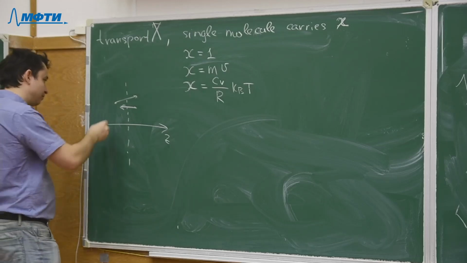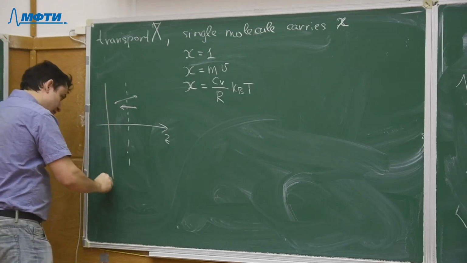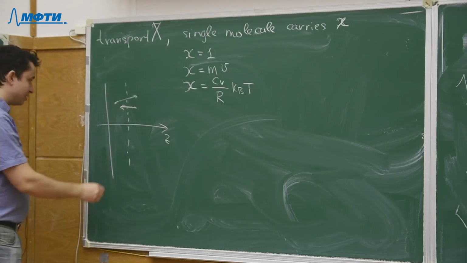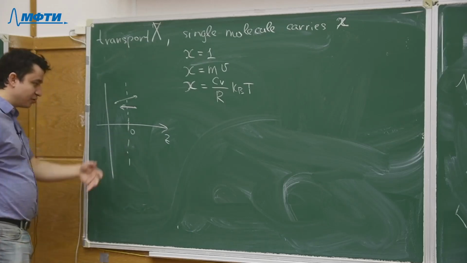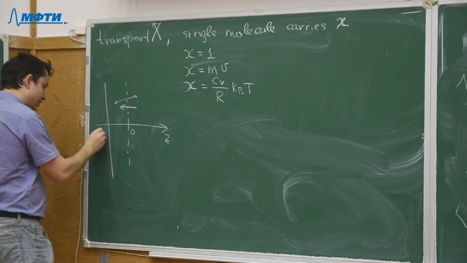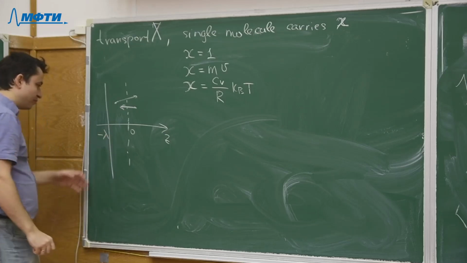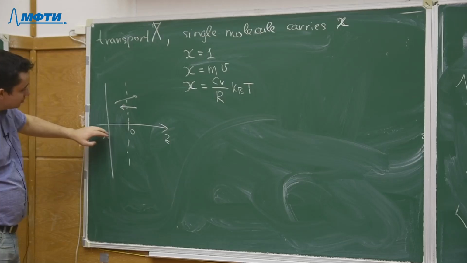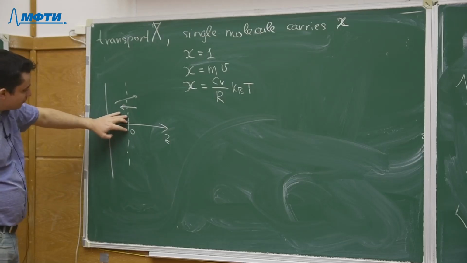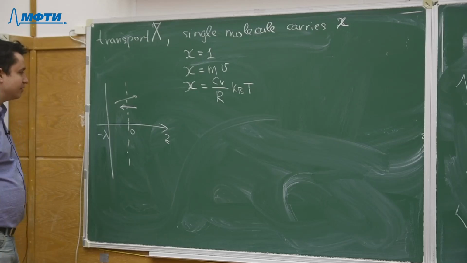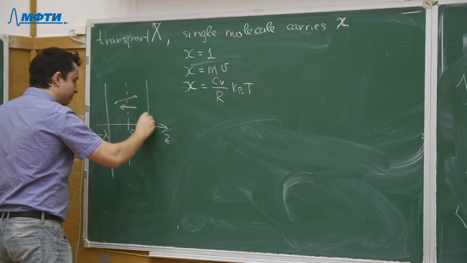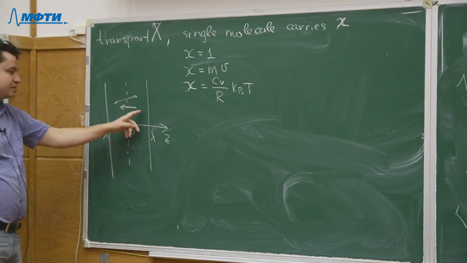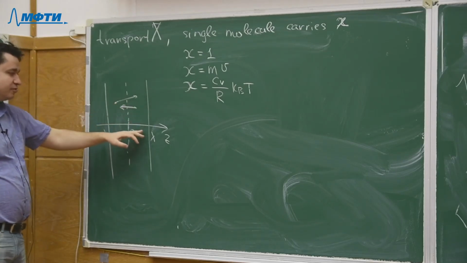So the molecules which cross this cross-section from this side, let's say this is the 0 coordinate, start from minus lambda. So they are located in between this area and another area which is separated from this plane by the distance lambda. The same happens for the other side. The molecules which go from this side to here start their motion somewhere in between 0 and lambda here.